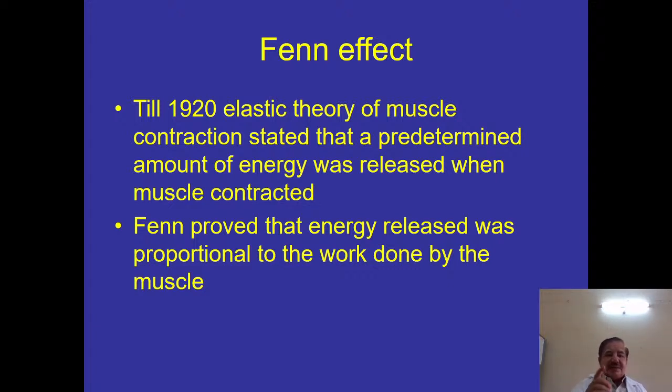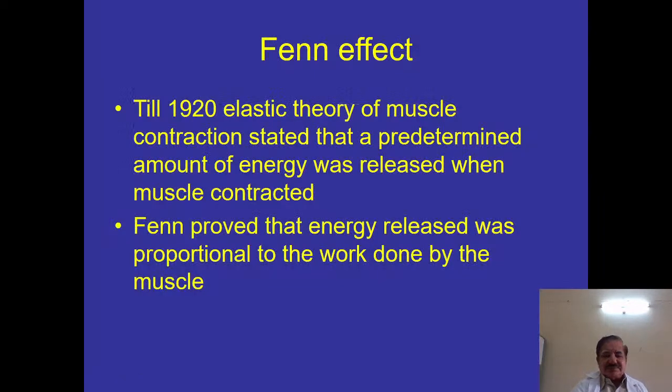Then it was proved that energy release was proportional to the work done. So that theory has lost its weight, and this theory has proved that the amount used is more, it is not predetermined, and the muscle has to use more energy.